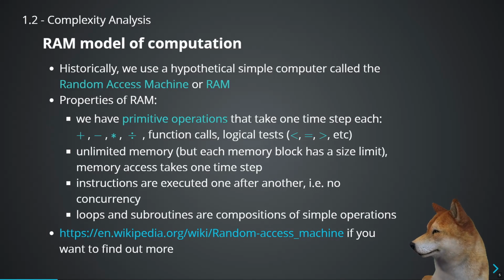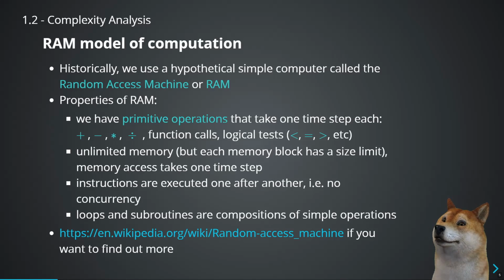Historically, we use a hypothetical computer called the random access machine. The primitive operations of this machine are addition, subtraction, multiplication, and division. You can do function calls, you can do comparisons, and all of these operations take one time step each.